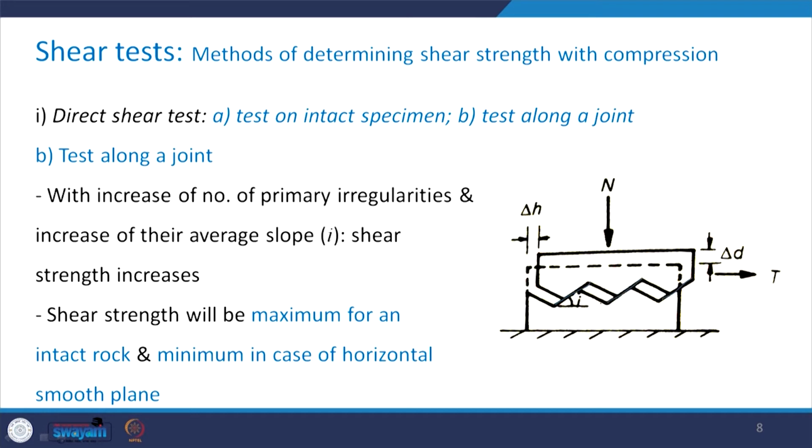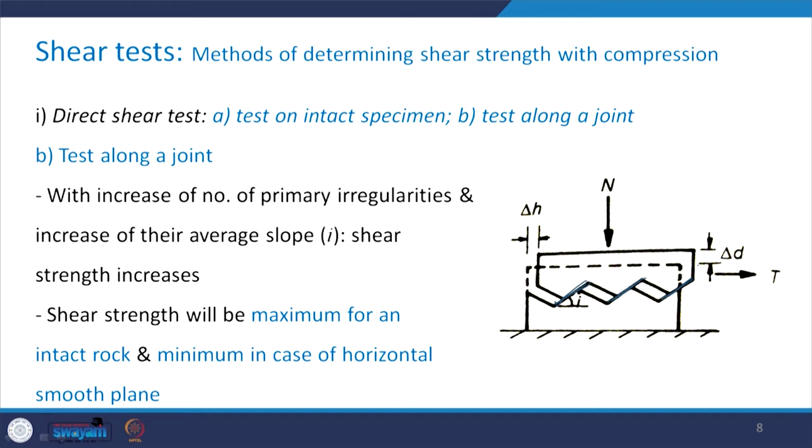About the average slope, see here in this particular figure, all these are parallel to each other, but it may not be the case in the field. You may have irregular teeth. So, in that case, the inclination of each of these surfaces will not be the same, so we need to find out the average slope.